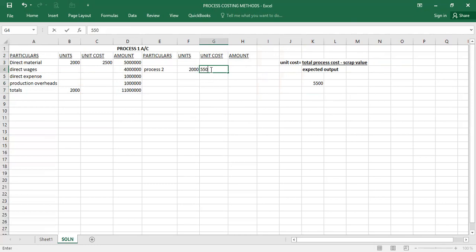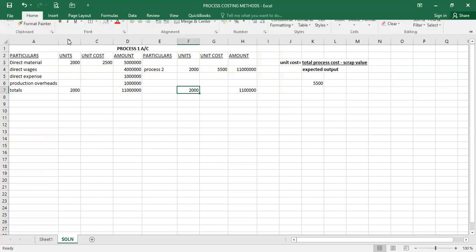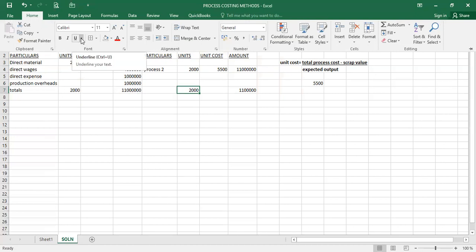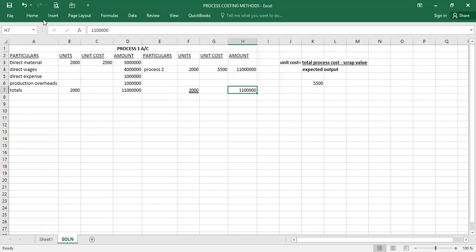It will be 5,500. When you multiply this, you'll be getting that. So when we sum up here, we are going to be having the same 2,000, and here we are having the same. You can double underline so that you know that you are closing off.